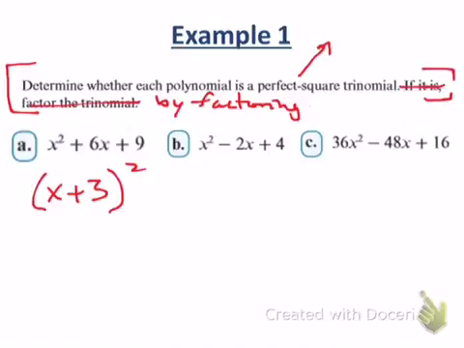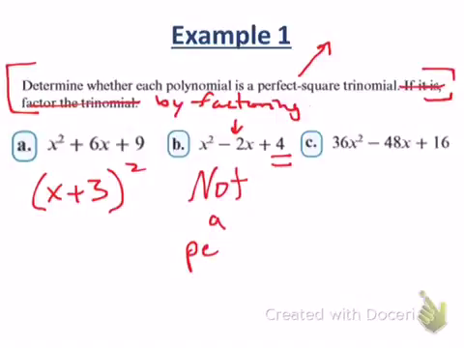What about letter B? Can we find any factors of 4 that add up to be negative 2? Negative 2 and negative 2 add up to be negative 4. Negative 4 and negative 1 add up to be negative 5. So this is definitely not a perfect square.